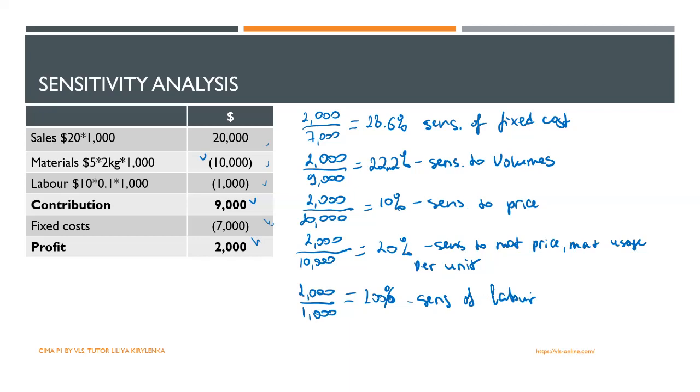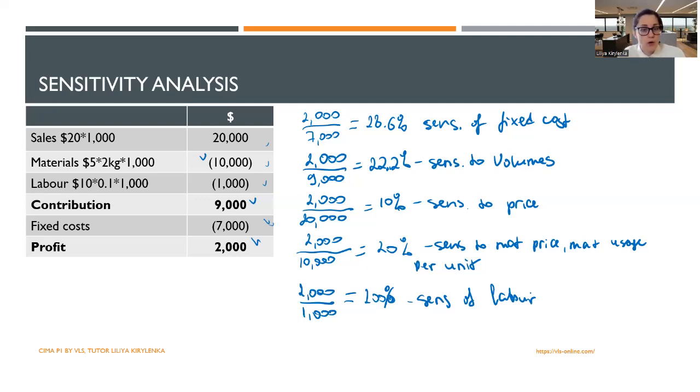And what does it mean? Well, we will look at these sensitivities, and if we have small sensitivity, it will mean that our overall result is very sensitive to this variable. So we're very sensitive to a change in price and not very sensitive to a change in labor.